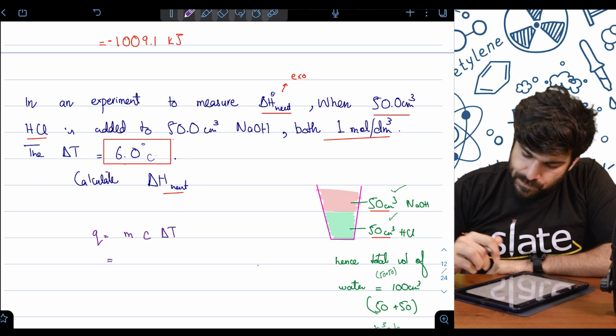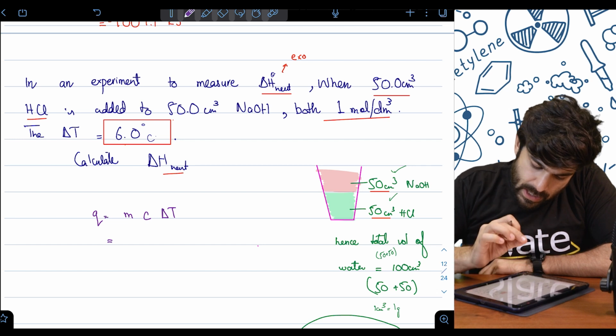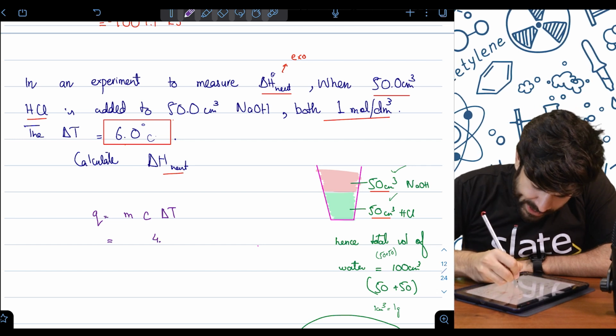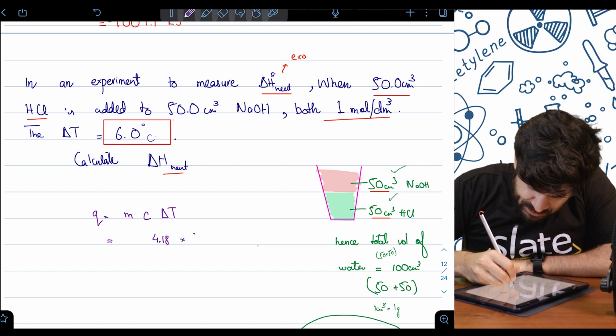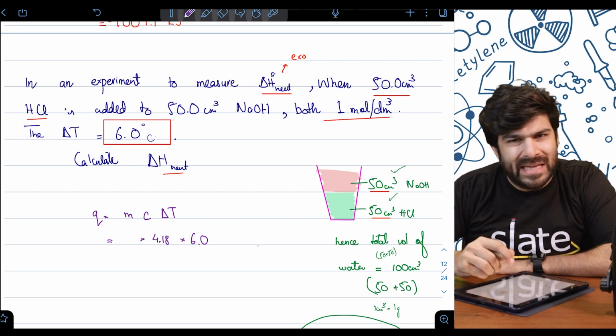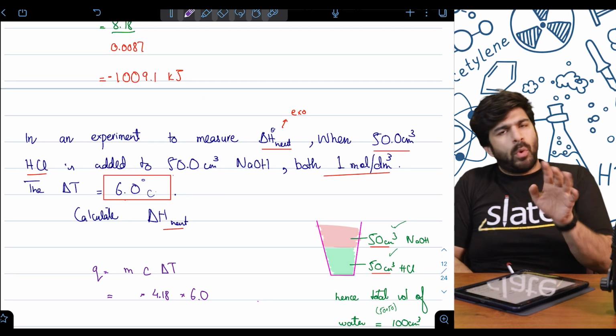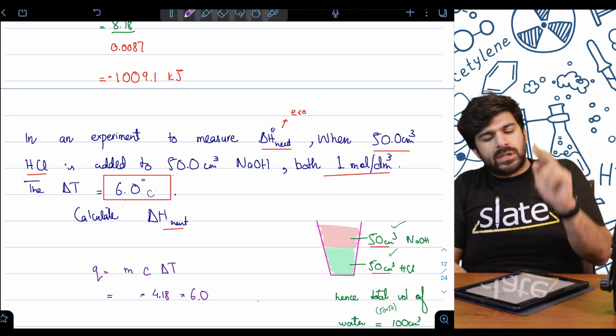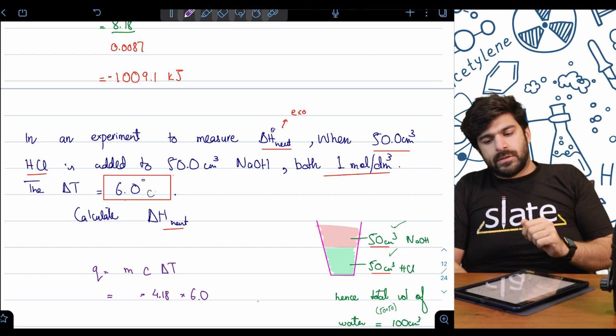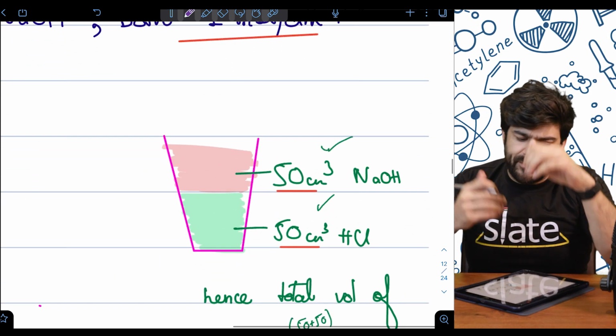Now students, this is 4.18. This is 6.0. What about the mass? We need the mass of water. We don't want the mass of HCl. We don't want the mass of NaOH. So I've drawn this diagram for you.